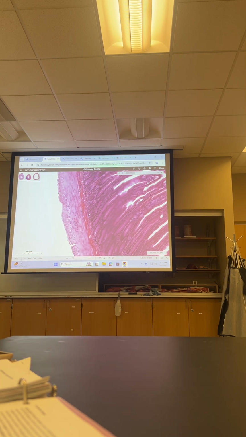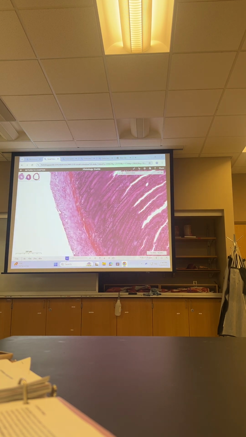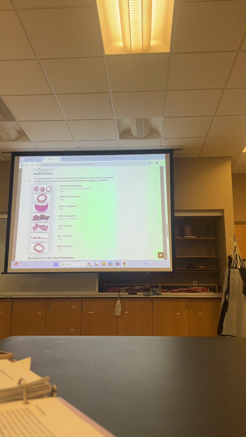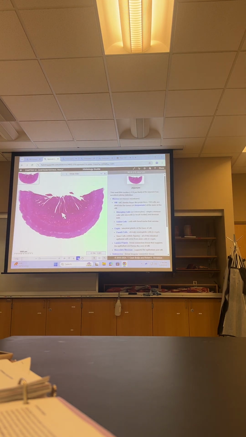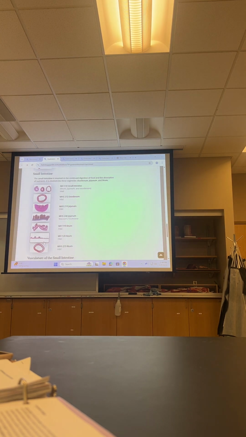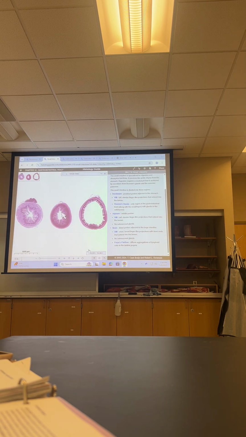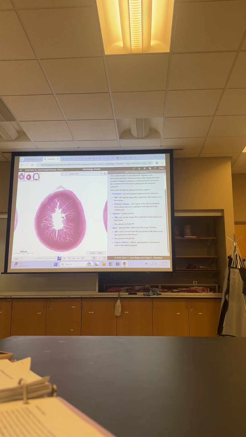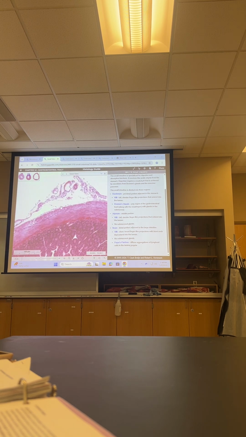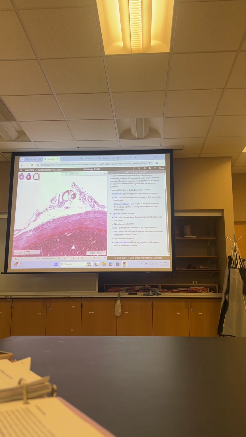And then on the very outside, I don't feel like that one shows it very well. Does this one show it better? Oh, there's a little bit up there. So similar, here's this connective tissue out here, and this one is the serosa out here.